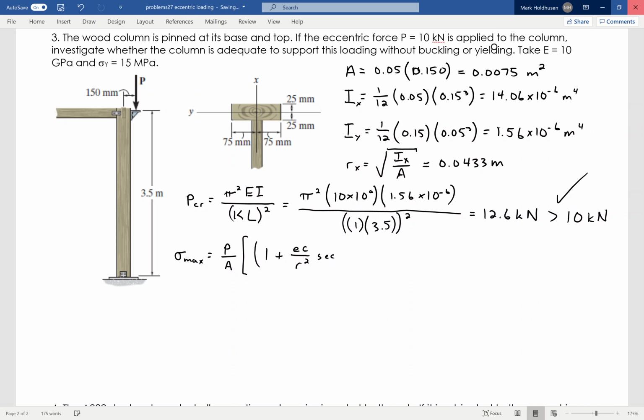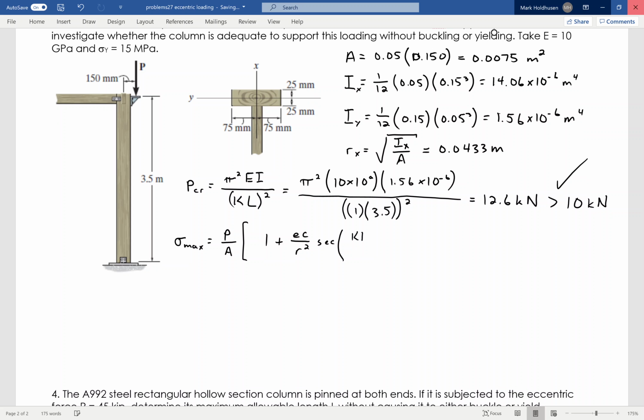So we use the radius of gyration about the stiffer axis. I think I have one too many. I don't need this. Okay. Secant of KL over 2r times the square root of P over EA.